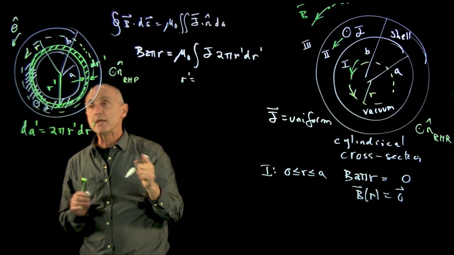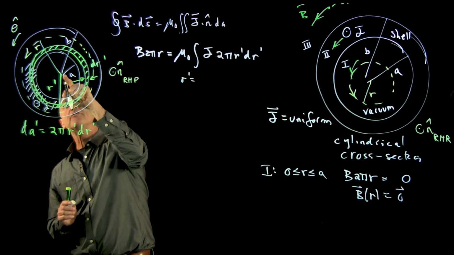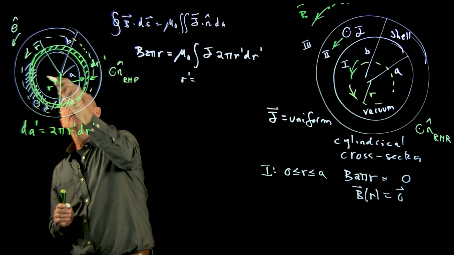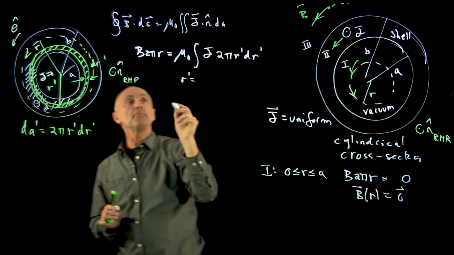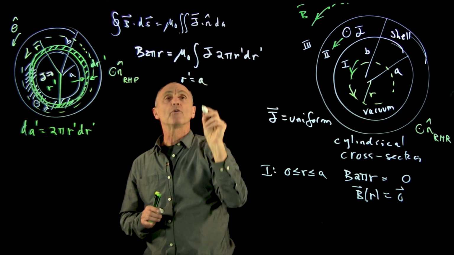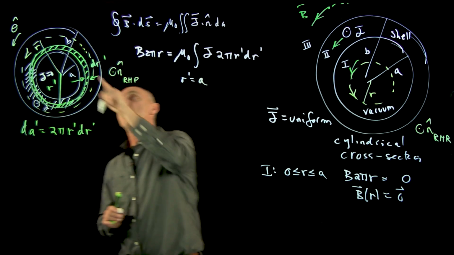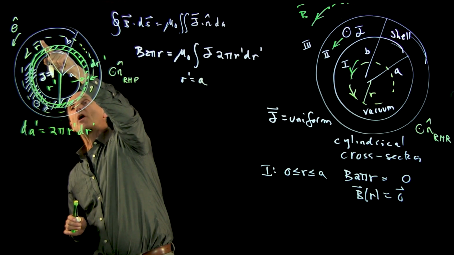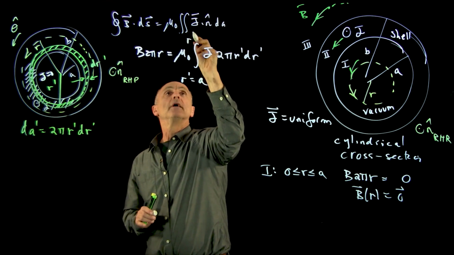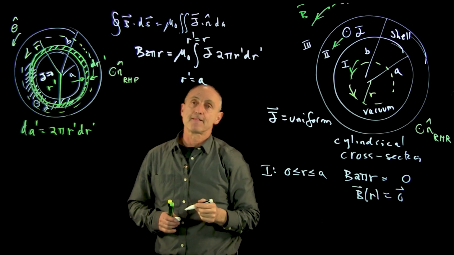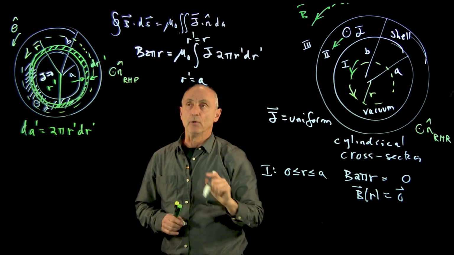The biggest mistake people will make will be to say from 0 out to b. But remember, J is 0 in the vacuum. So the only place where J is non-zero is when we go from a. And our Amperian loop only goes out to r, so I'm not interested in the current outside the Amperian loop. This is r. And I think that's the tricky one.